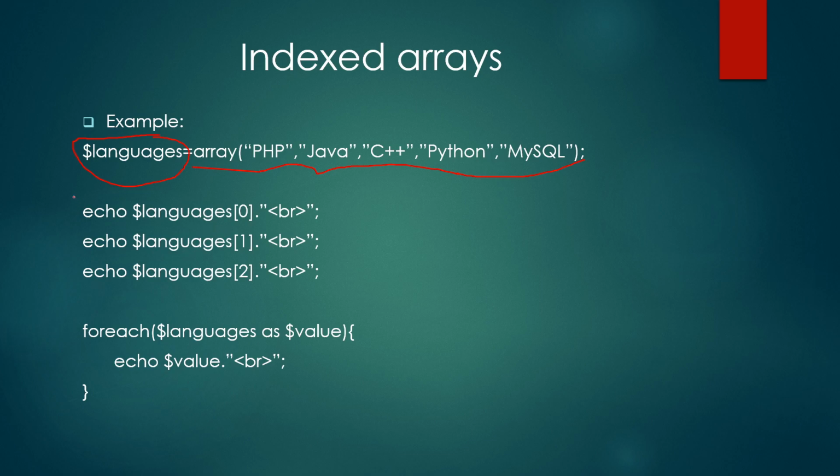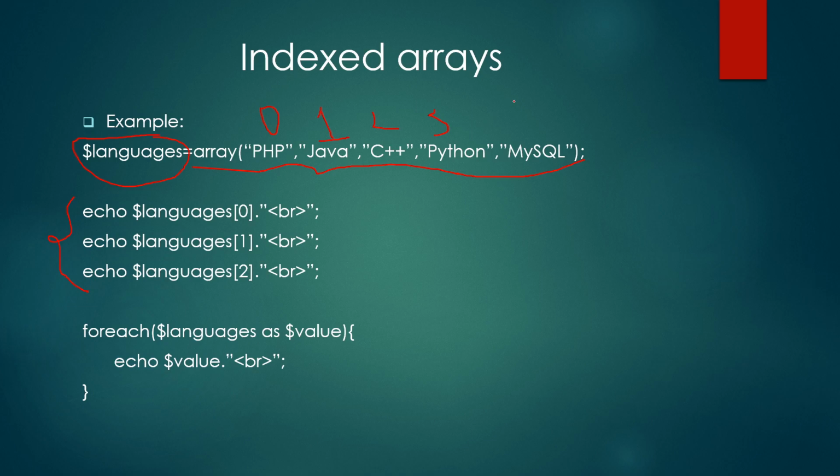Whenever you want to display any element of an array, one of the approaches is to simply echo them out using indexes. We know that the first value is at index 0, the second value is at index 1, the third value is at index 2, and this list goes on.